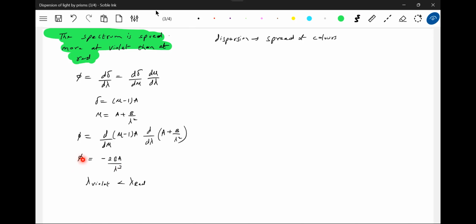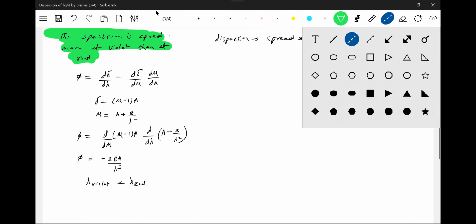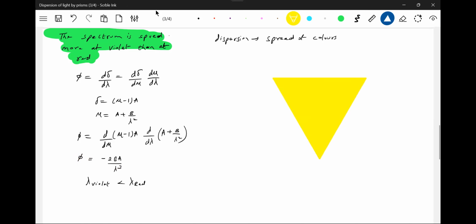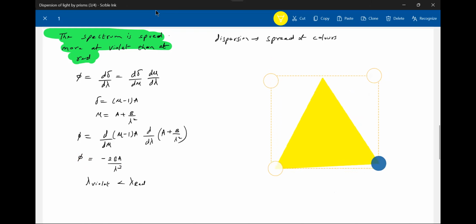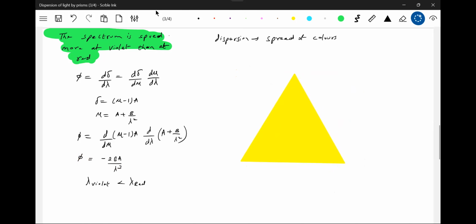The spreading will be more at violet. What I mean to say is, if a white light is sent here, we'll get a violet here, and the violet itself will spread more.